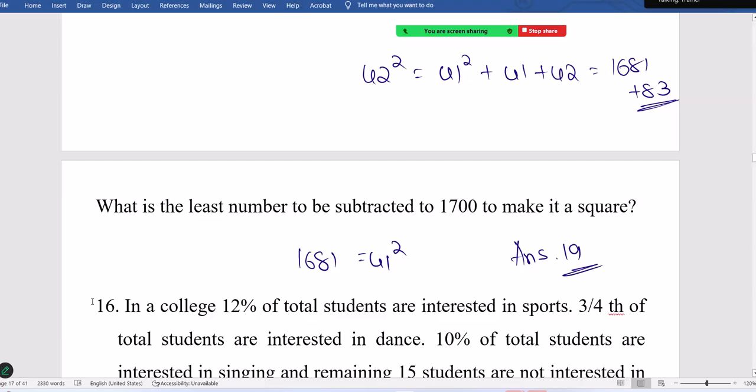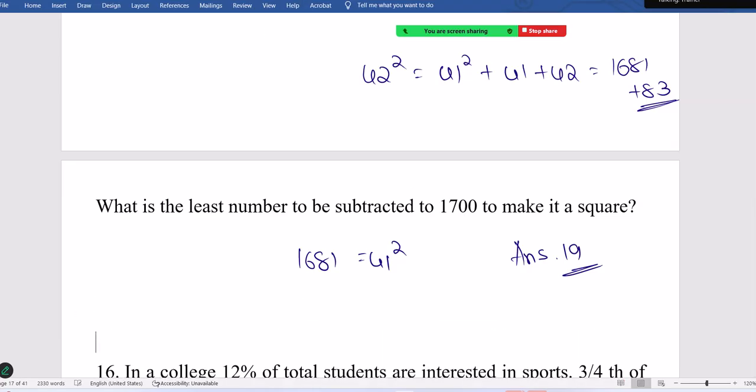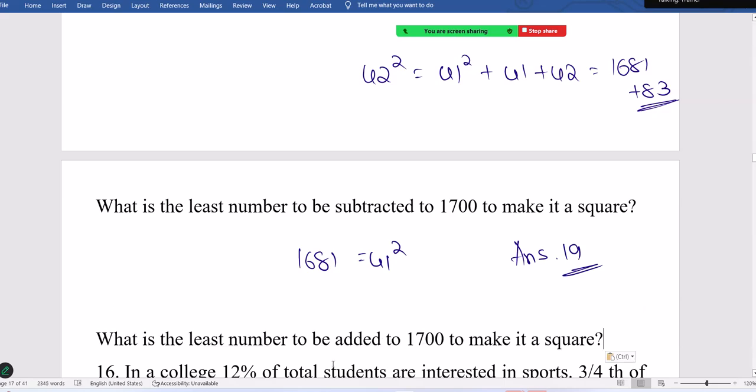Or there is another question, to be multiplied or divided.